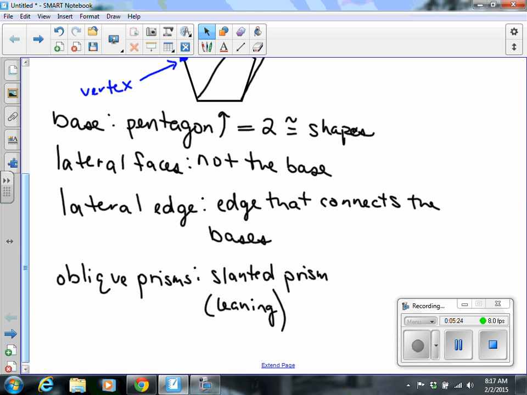Okay, so this is the basics for any type of prism that we're dealing with, or any type of three-dimensional shape. When we're talking about the lateral faces, the lateral edges, the base, whether it's oblique or not, these terms apply to any three-dimensional shape, whether it's a prism, a cone, anything of that nature. Okay, moving on.